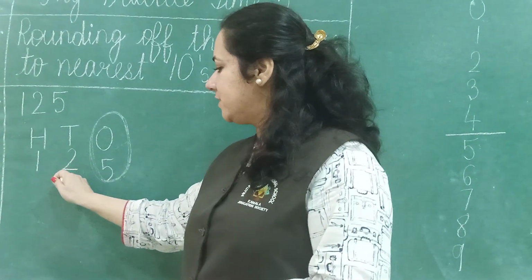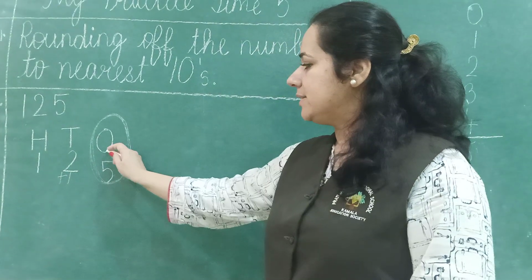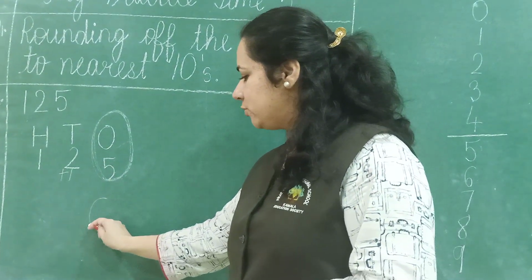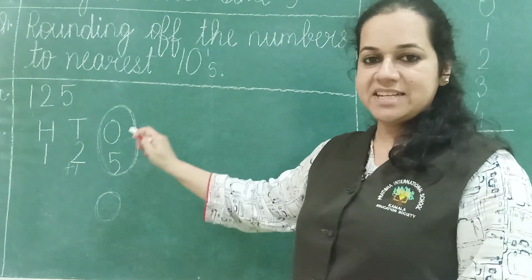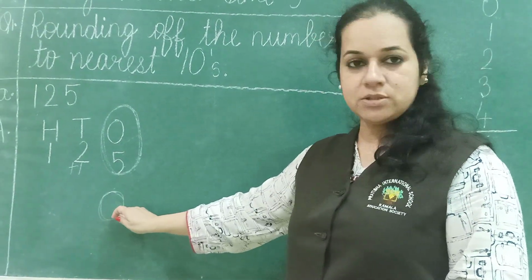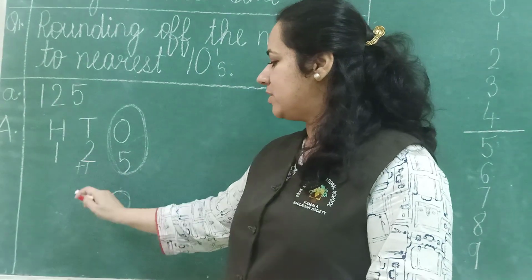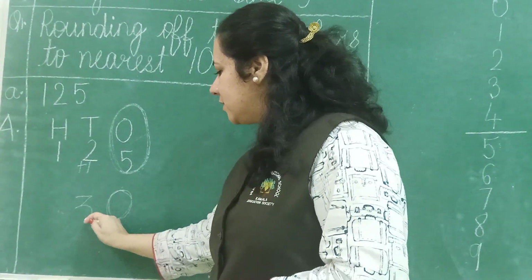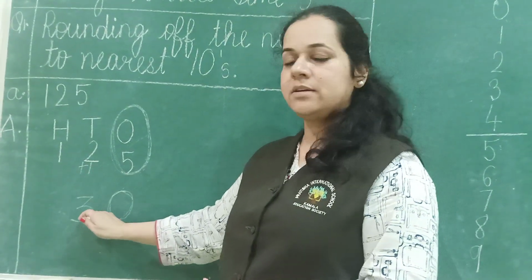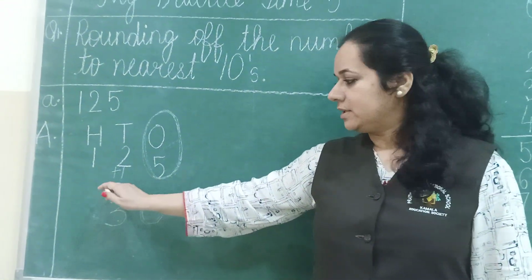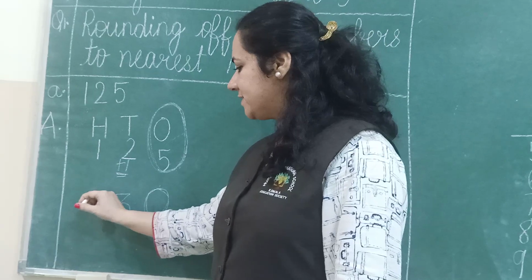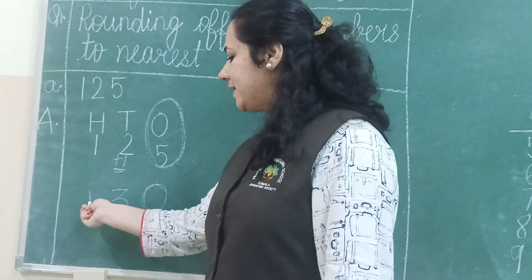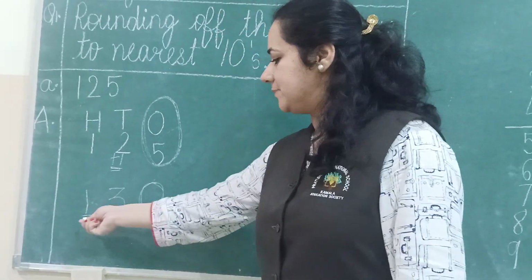We add one here. The ones digit will be converted to 0 as we are rounding off to tens. The hundreds number remains the same, so the answer is 130.